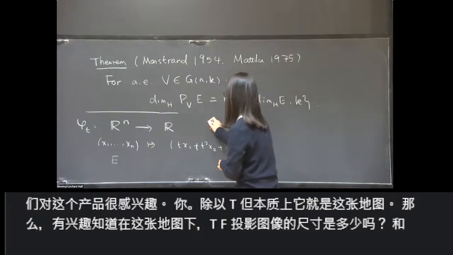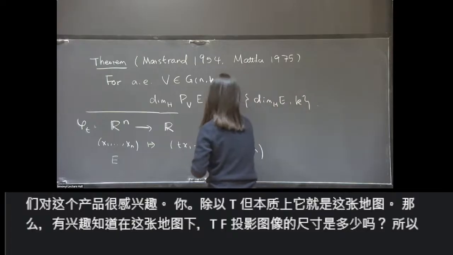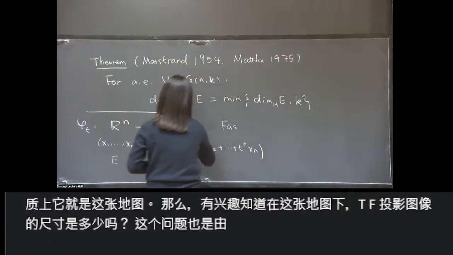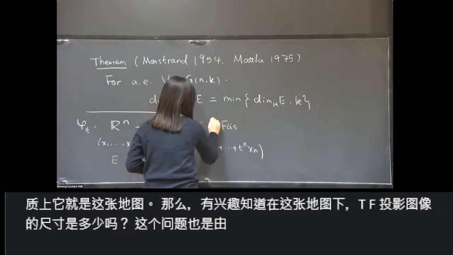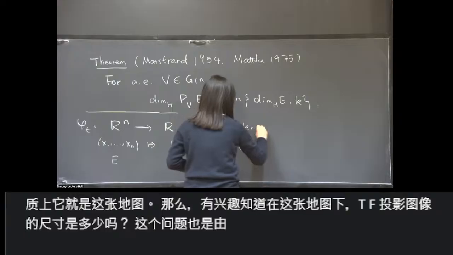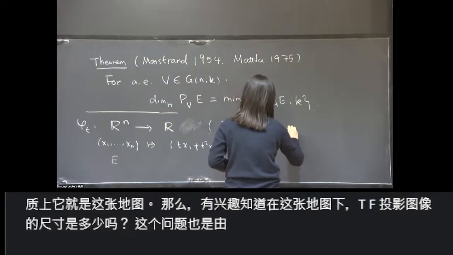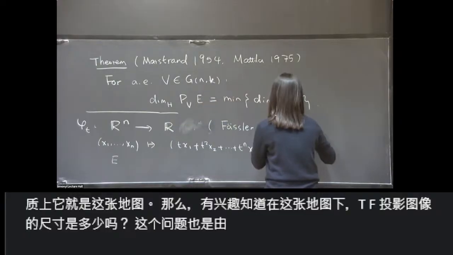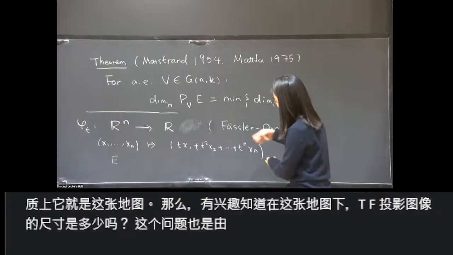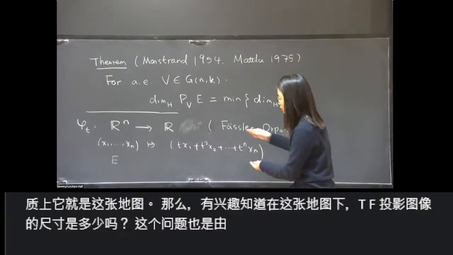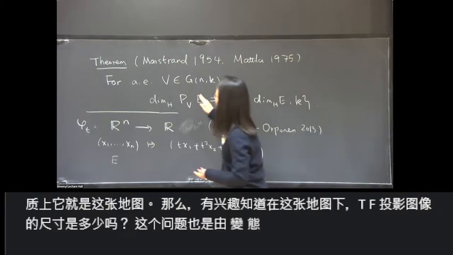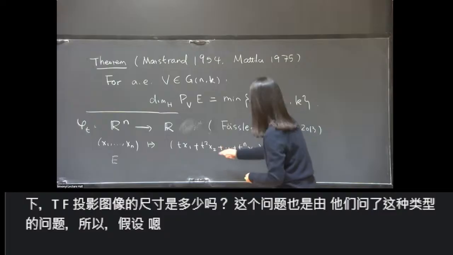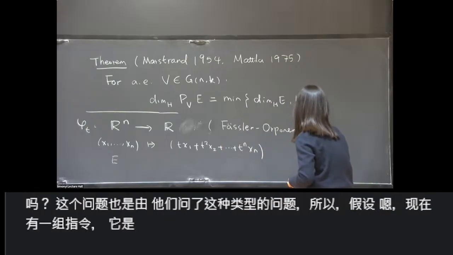This question was first asked by Orponen, I think in 2013, and they asked a question of this type. Suppose that the set of directions is now like t squared.